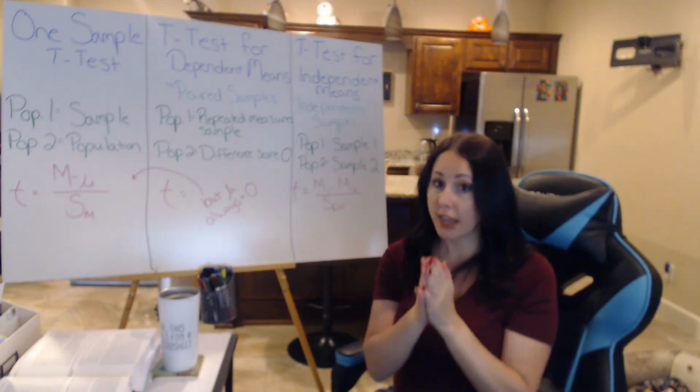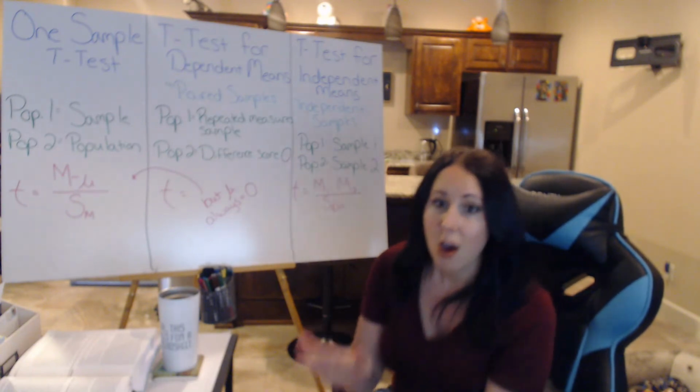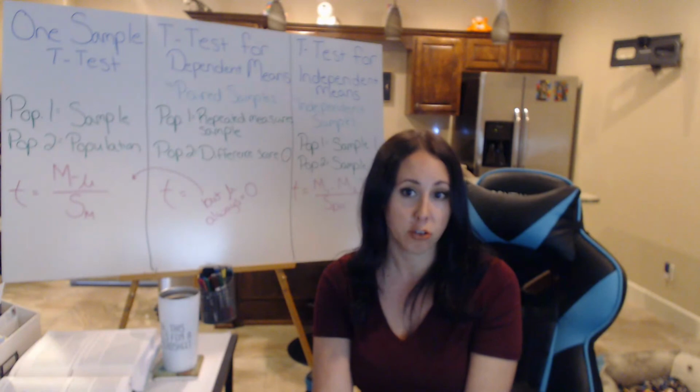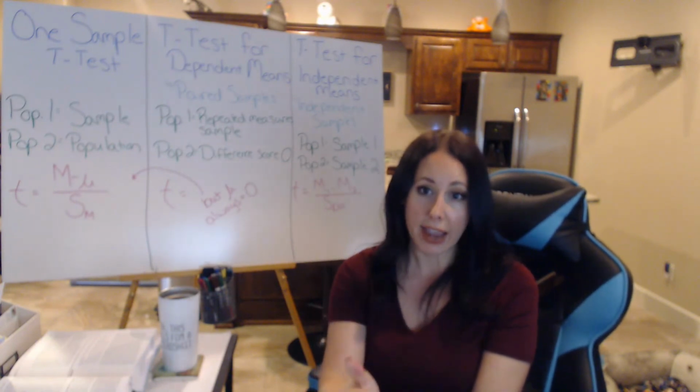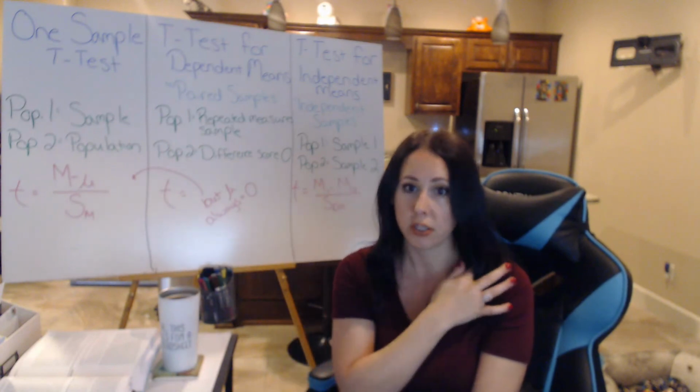So for your assignments this week, for your midterm, for your final later on, what you're going to need to know is, when do I use which one of these situations? Make sure to watch the videos after this also about how to actually do this on the computer.